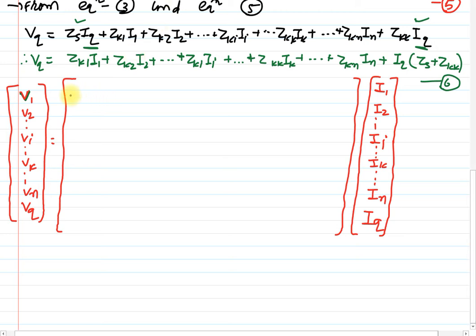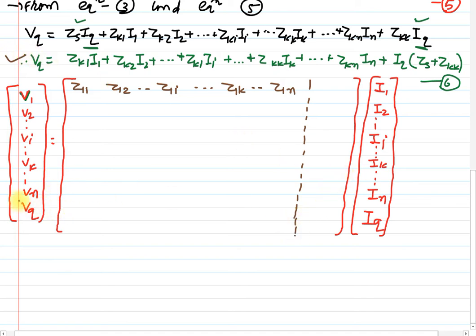Elements of this Z bus matrix. So I will use different color. The first one is Z11, Z12, then Z1i, Z1k up to Z1n. We will write the elements of the Vq or equation number 6 later on.